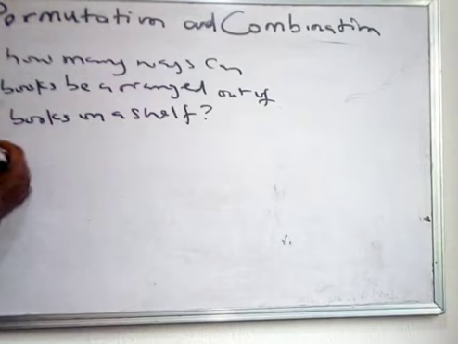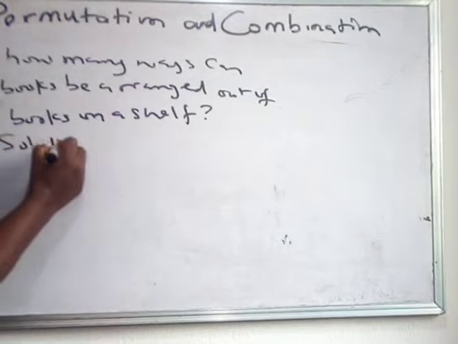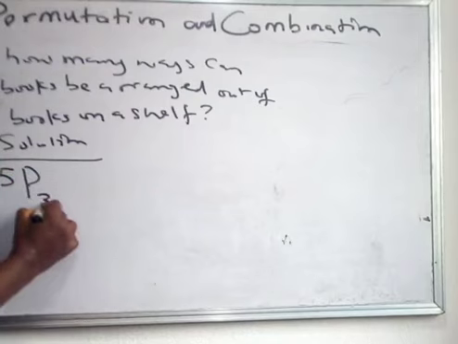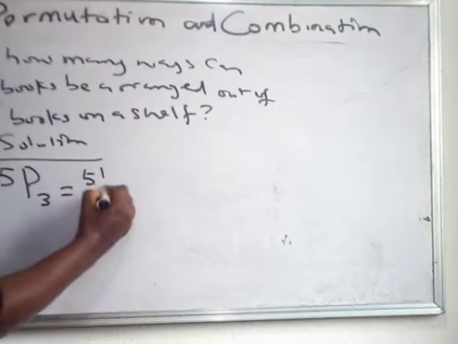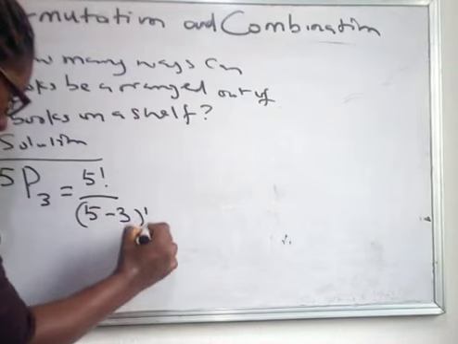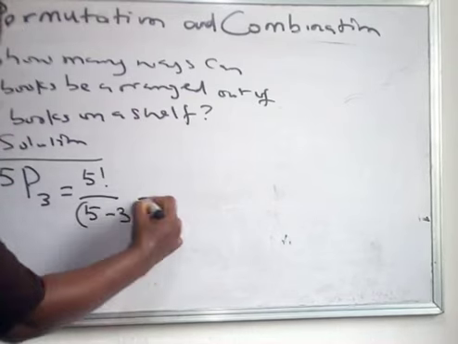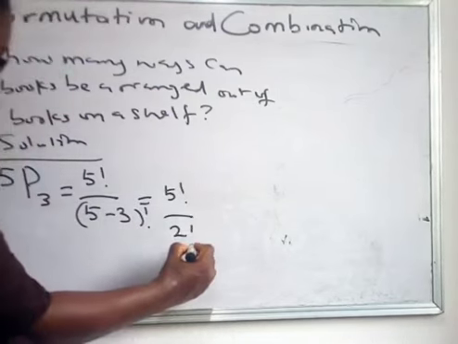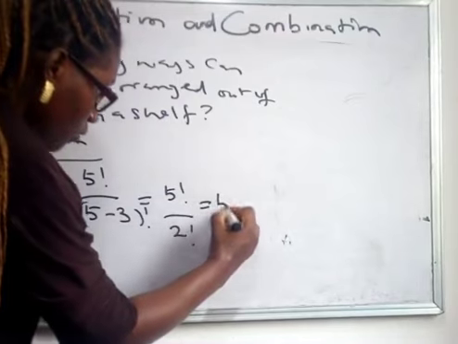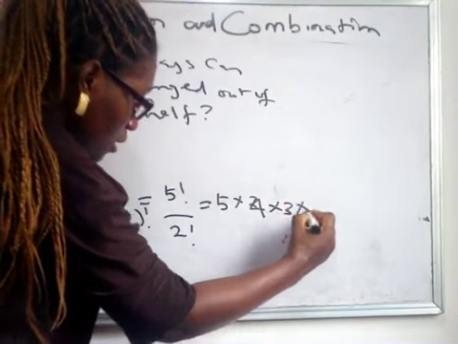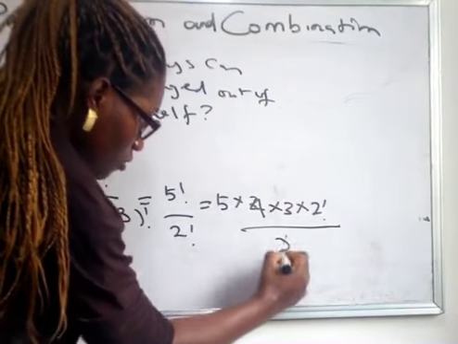So we simply say solution. 5 permutation 3 is equal to 5 factorial over 5 minus 3 factorial. And then this becomes 5 factorial over 2 factorial, which leads us to 5 times 4 times 3 times 2 factorial over 2 factorial.